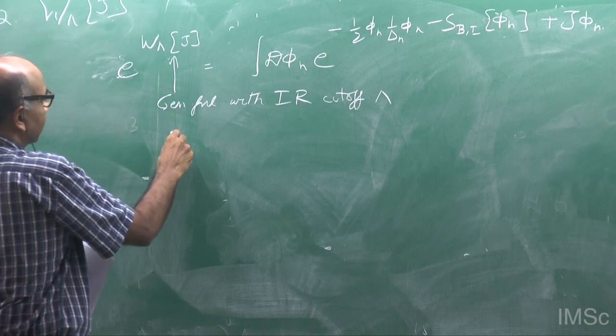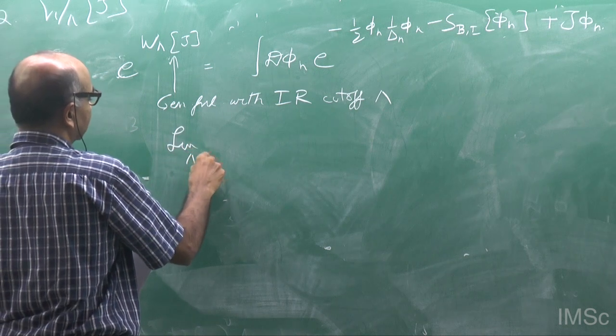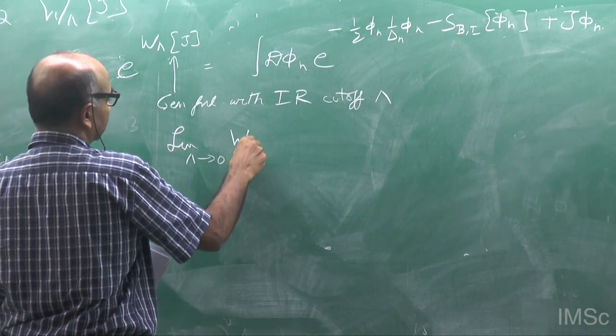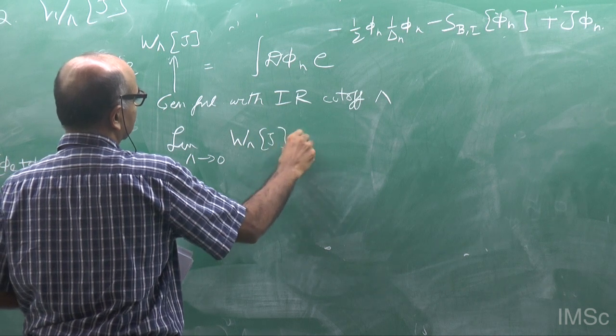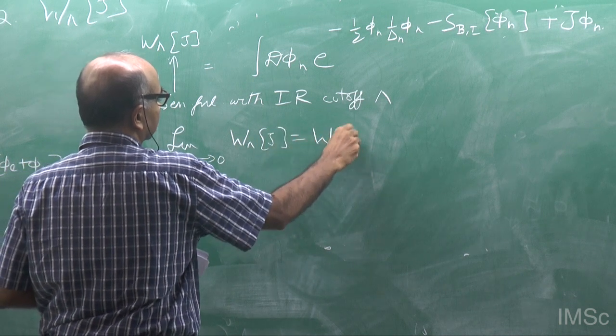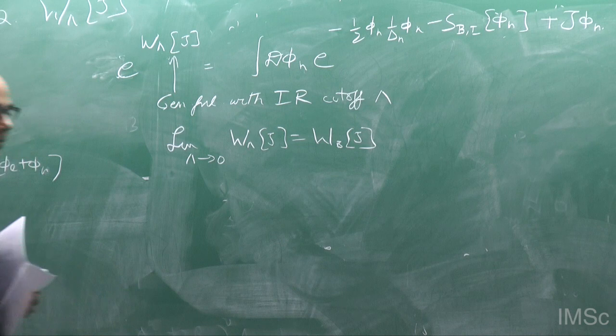And it's related to the full generating functional by, take the lambda goes to 0 limit and you get back the full thing.